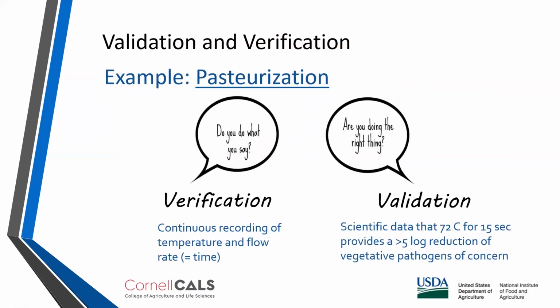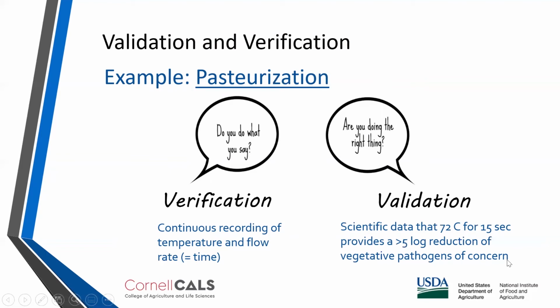A practical non-COVID example would be pasteurization, for example, pasteurization of milk. Our validation would be scientific data that show that 72 degrees centigrade for 15 seconds provides a more than 5 log, or more than 100,000-fold, reduction of vegetative pathogens of concern. These are scientific studies, and this is laid out in the Pasteurized Milk Ordinance and regulations throughout the world.